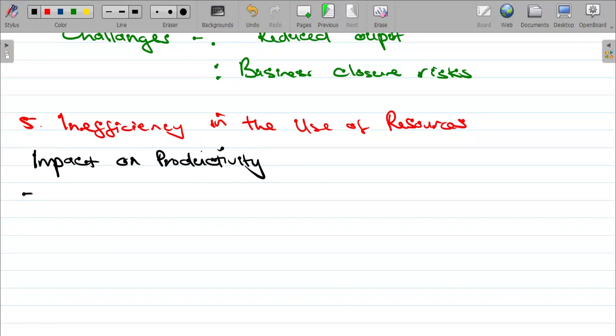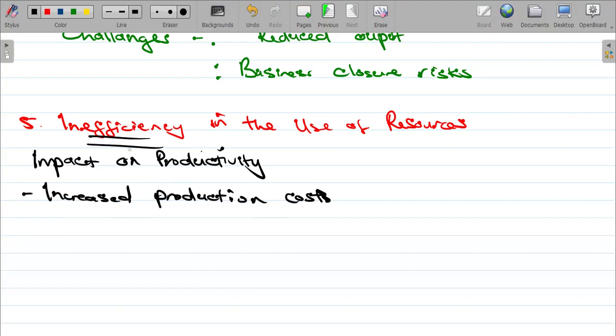This includes increased production cost because of inefficiency.